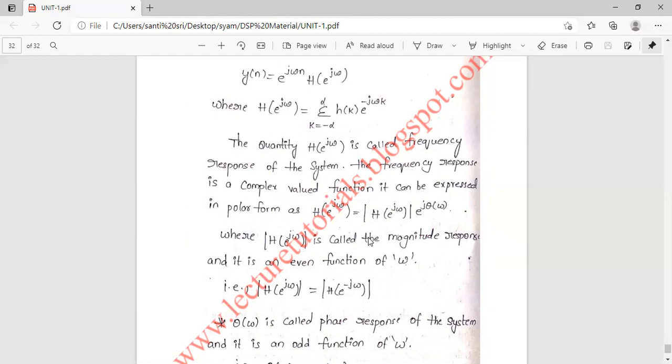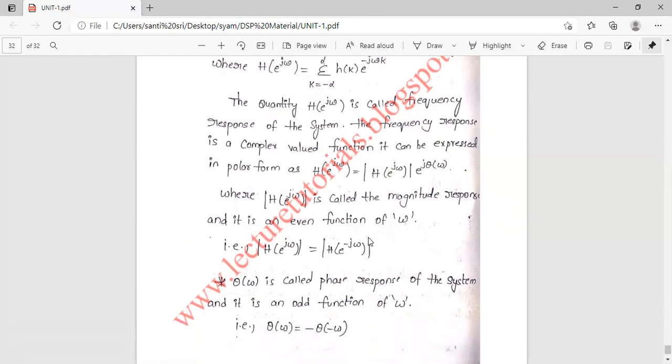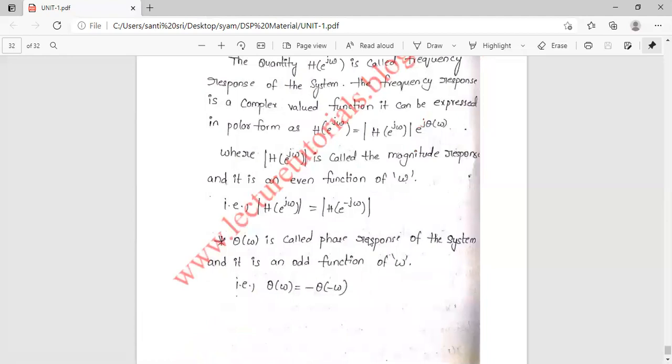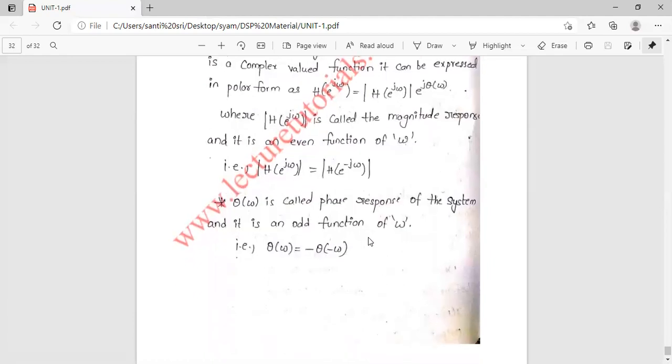Even function means its reflection, the mirror image, is equal to the original image. And theta of omega is called the phase response, or phase angle, of the system, and it is an odd function of omega, that is theta of omega is equal to minus theta of minus omega.